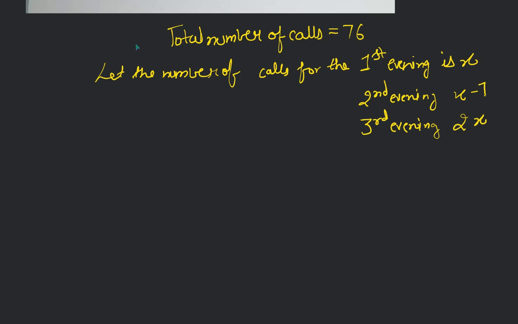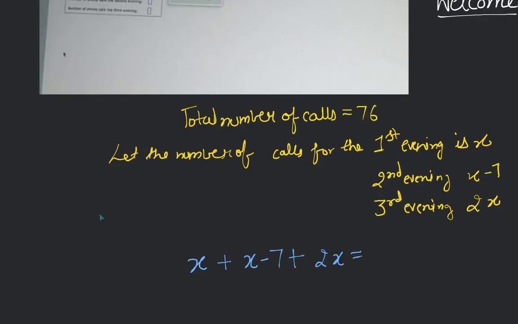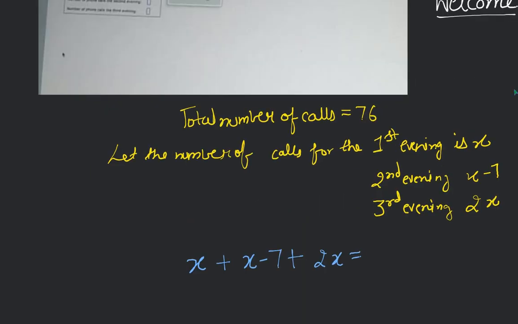Now we know the total number of calls, so we can use all 3 evenings' values: x plus x minus 7 plus 2x, and it is equal to the total number of calls, which is given as 78 or 76.